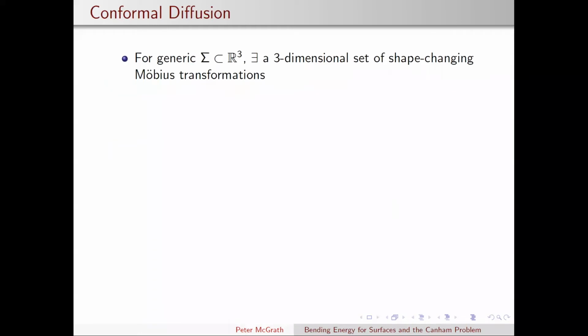So I have one slide here that is just attempting to introduce what I think is a really, really cool phenomenon. Let's think about dimensional analysis just for a second here. For a generic surface in R3, I think about the conformal transformations, and I want to think about which ones actually change the shape of my surface.